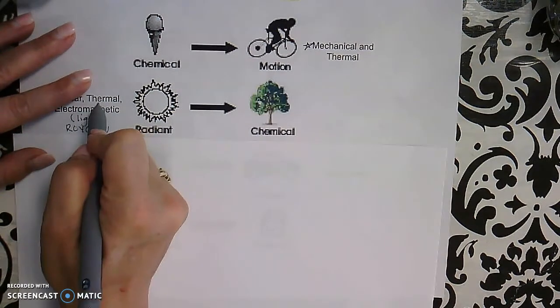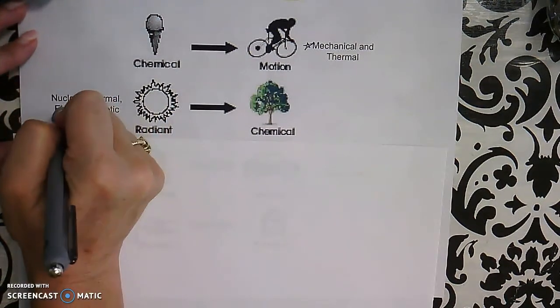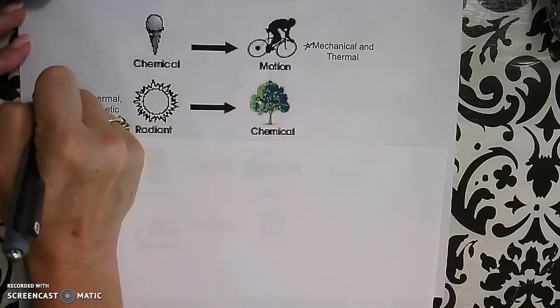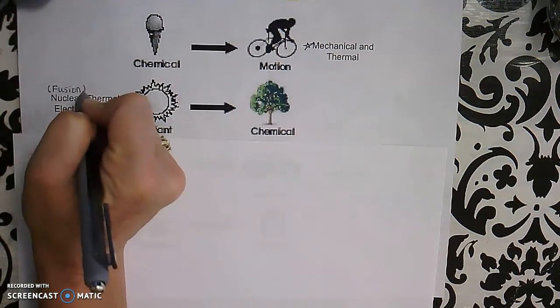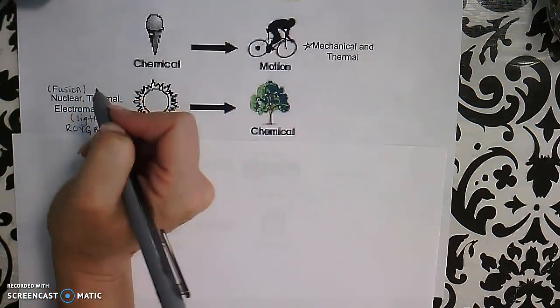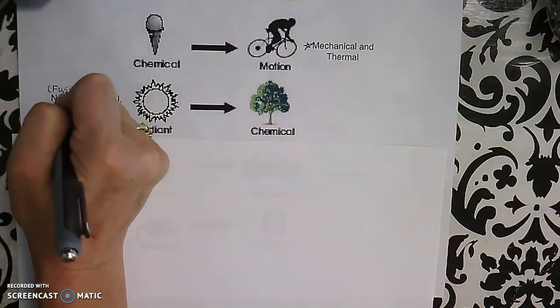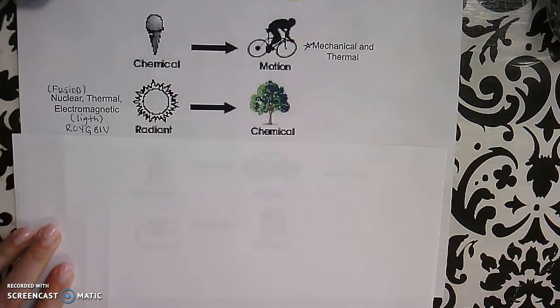We also know that the sun makes heat, which is thermal energy, and we know that the sun's energy comes from nuclear fusion, which takes place on the sun, where those hydrogens join together to make helium.